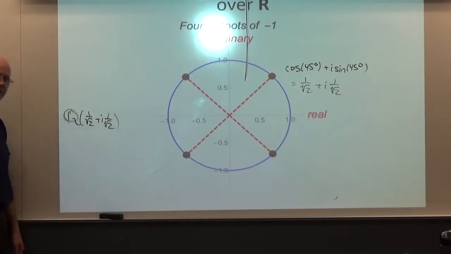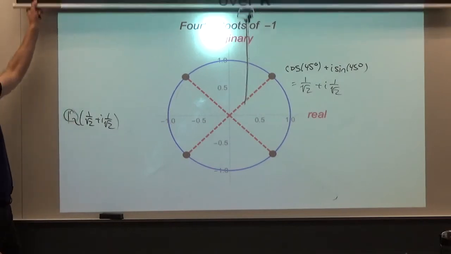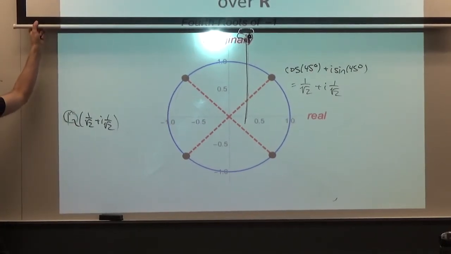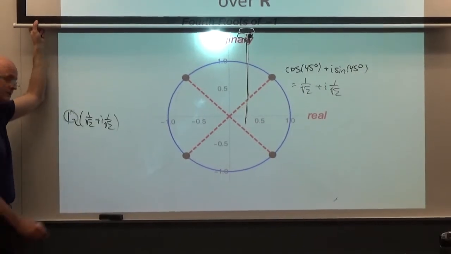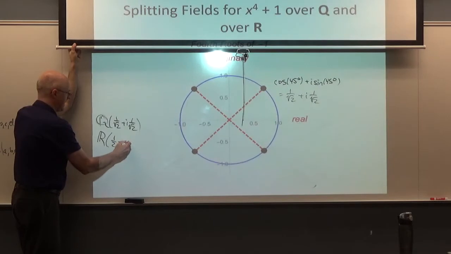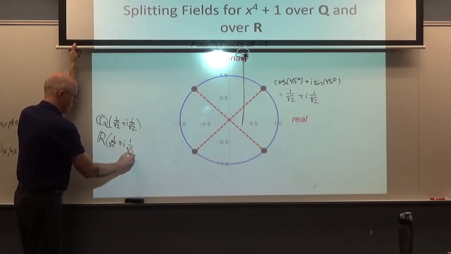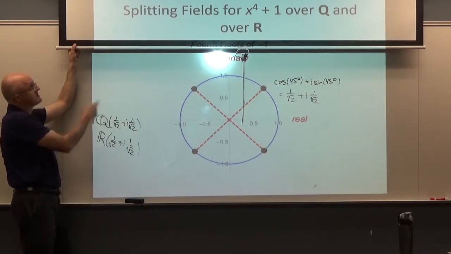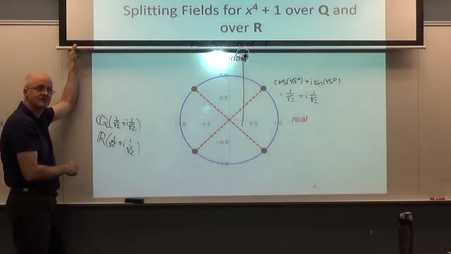That's the splitting field for x to the fourth plus 1 over Q. Over R, it's a different answer. It's R adjoined 1 over root 2 plus i times 1 over root 2. These are different fields, different answers in the different situations.